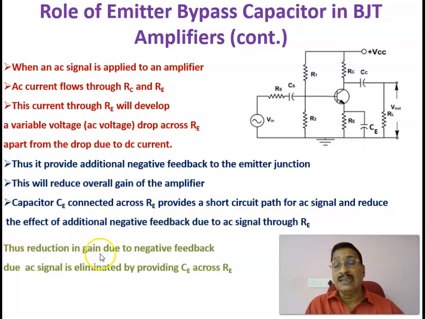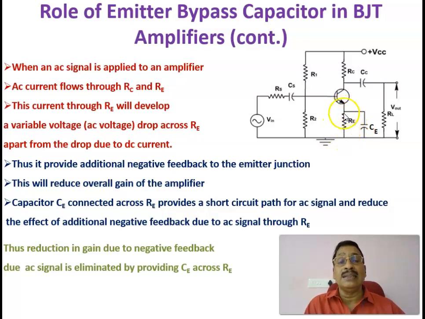Therefore, this reduction in gain due to the feedback from the AC signal is eliminated by providing a capacitor CE across RE. We provide a capacitor across RE in order to pass the AC component of the signal, so that the AC component of the current, small ie, will not flow through RE and will not produce a drop across RE.